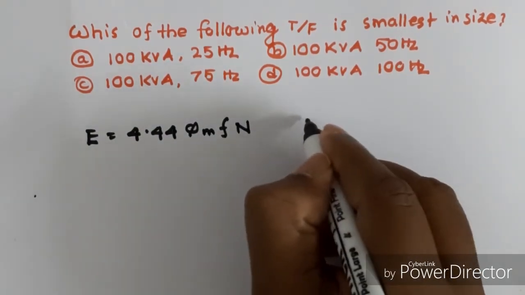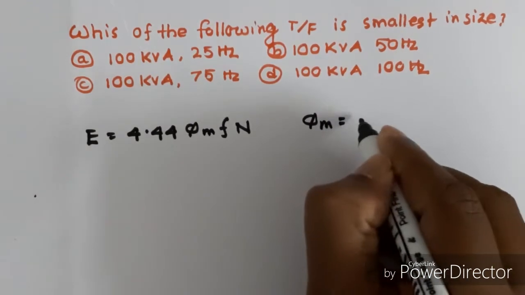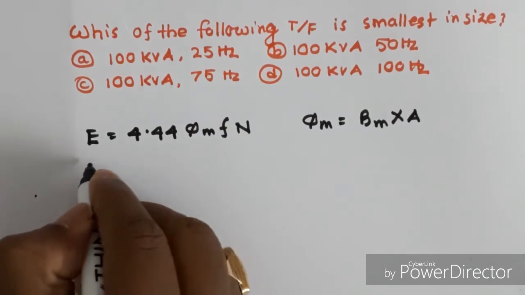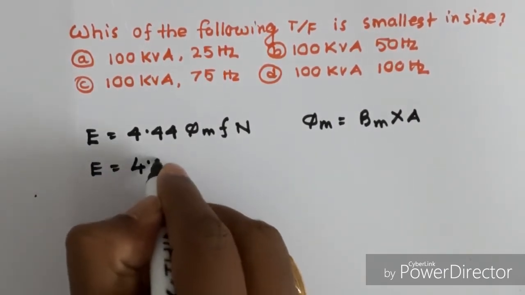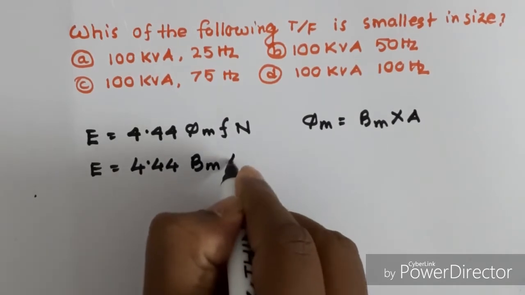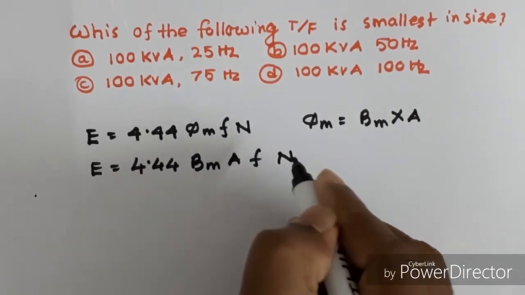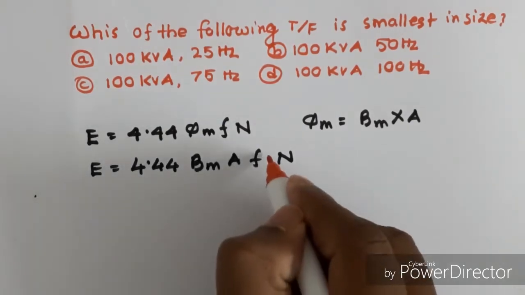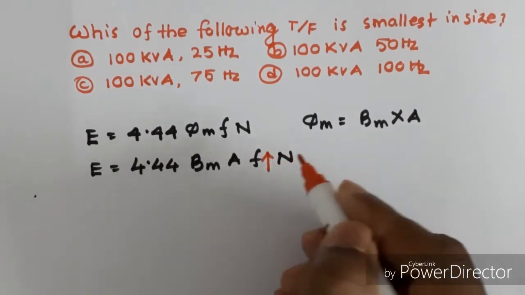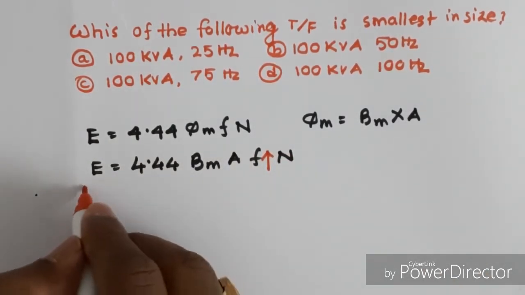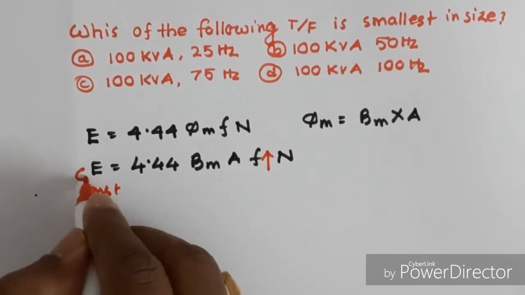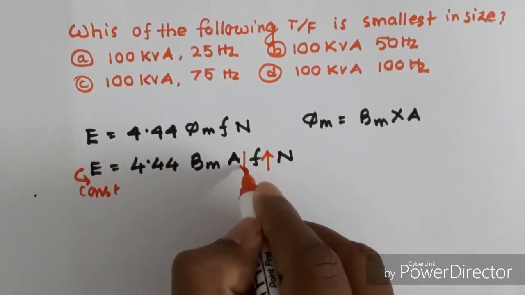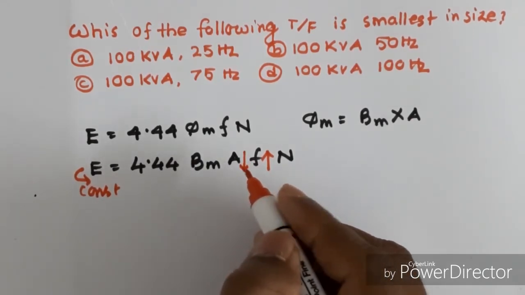Now, since phi m equal to Bm flux density into A cross section area, we can write E equal to 4.44 Bm A F into N. Now, if we increase the supply frequency F, then to maintain constant voltage, the cross section area will be less. One point is clear.